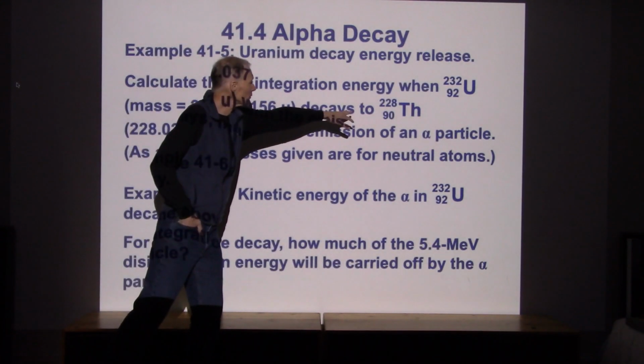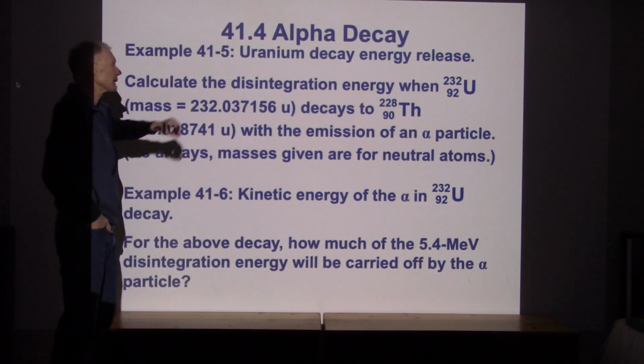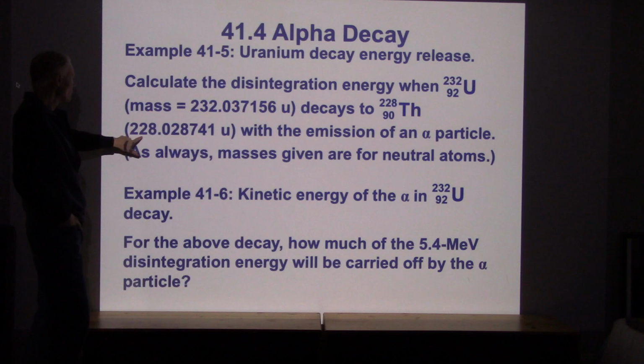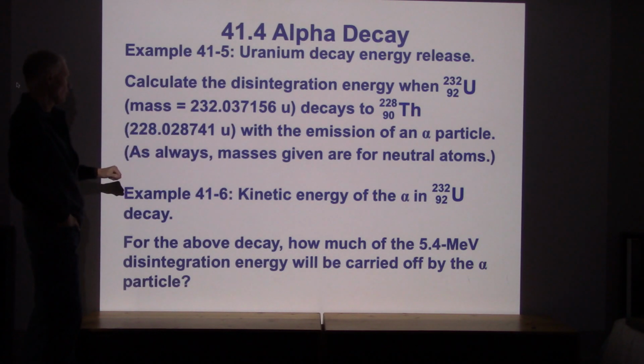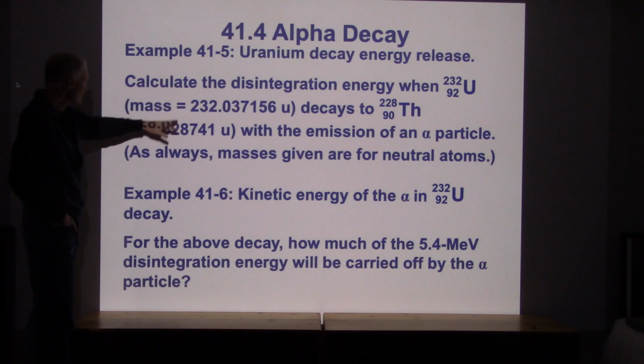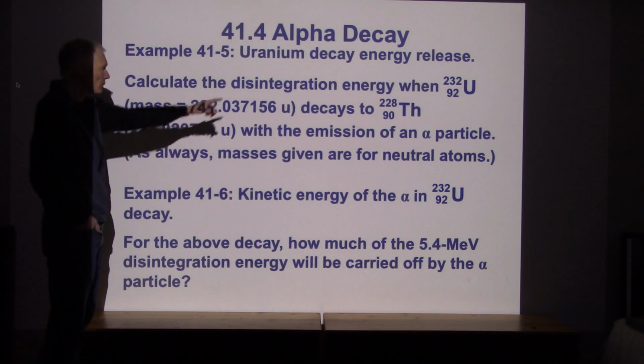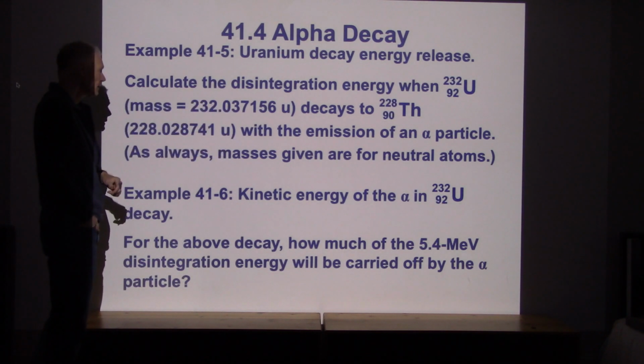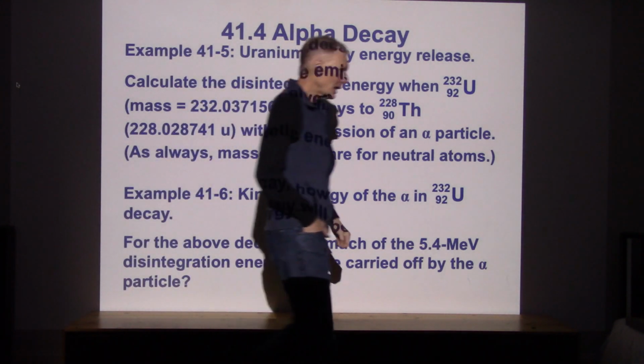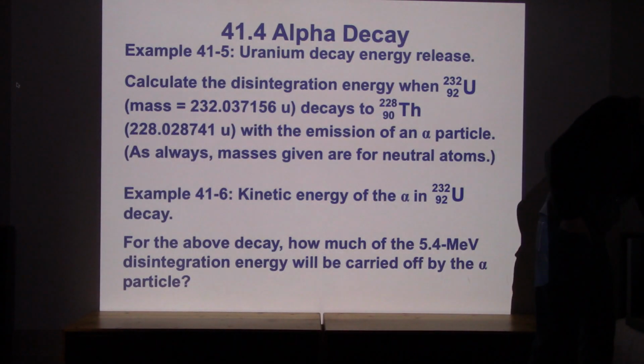And it decays into thorium-228, I have to look that one up too, 228.028741. Take this, subtract off the mass of the helium, and we'll see how this energy calculation carries out.